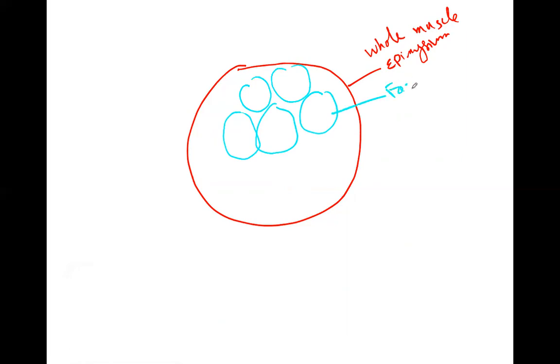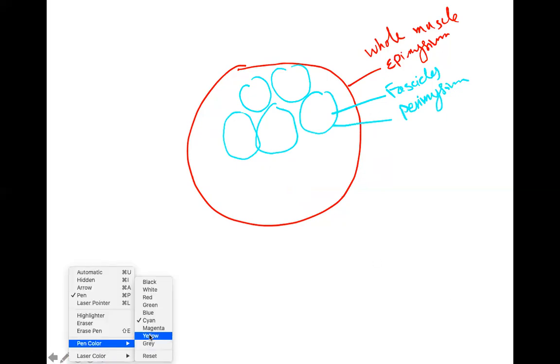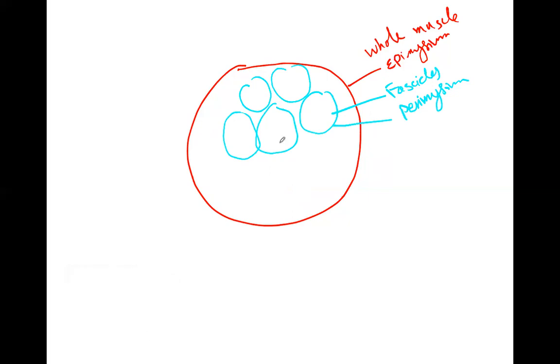These circles are your fascicles, and the connective tissue wrapped around them would be perimysium. And then within that, you will have other structures, which are these individuals that you see right here. These are individual muscle fibers, and the connective tissue wrapped around that would be endomysium.